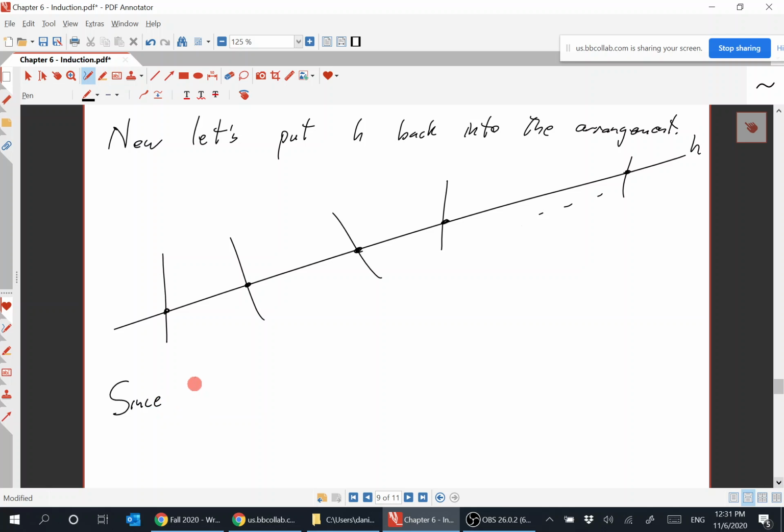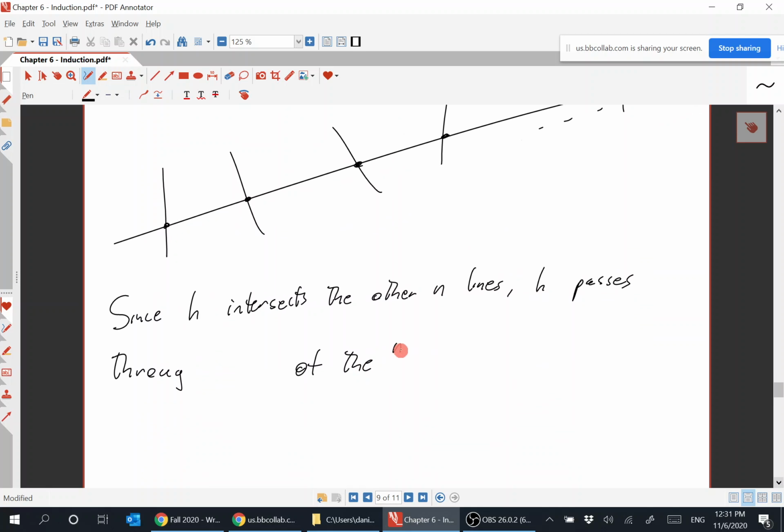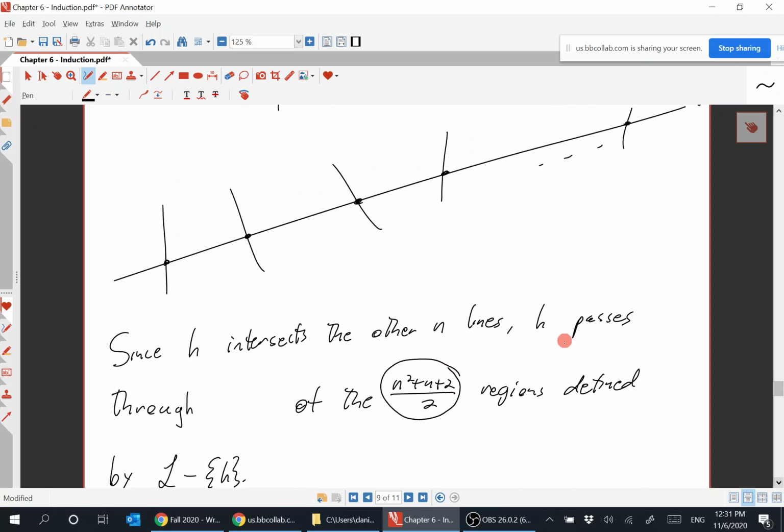Since H intersects the other n lines, H passes through this many of the n squared plus n plus 2 over 2 regions defined by L minus H.